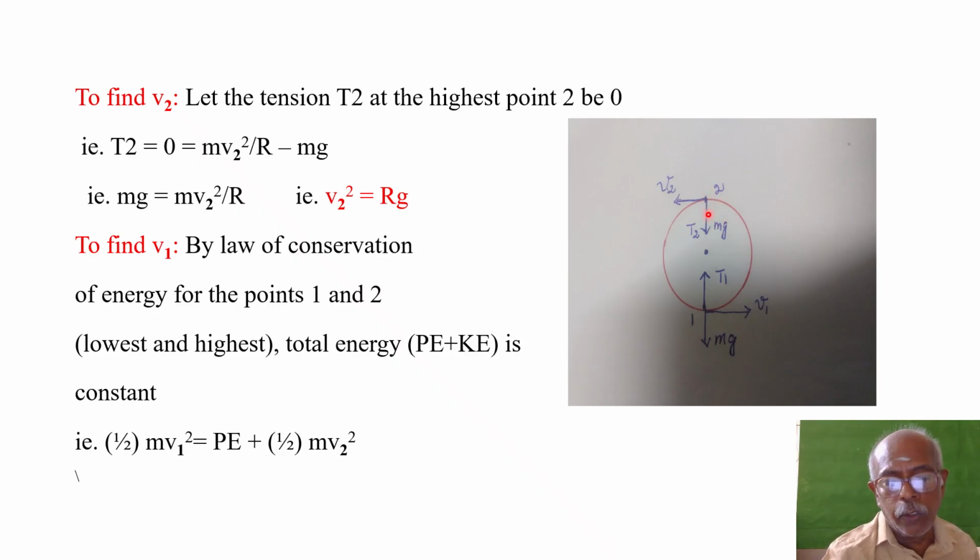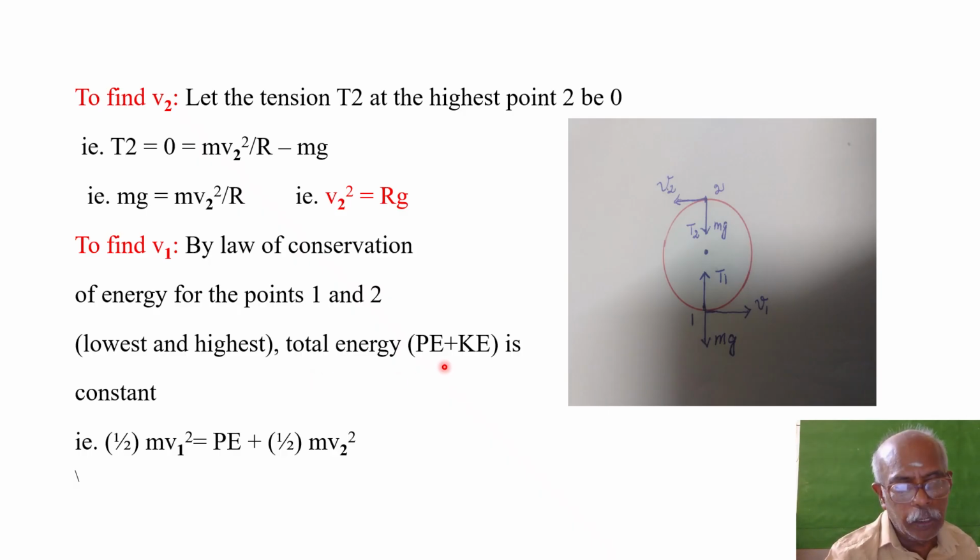Now we are going to find the minimum velocity at this point, that is to find v1. By law of conservation of energy, for the points 1 and 2, lowest as well as highest, the total energy is constant. Total energy is the sum of PE plus KE. What is PE? Potential energy. What is KE?